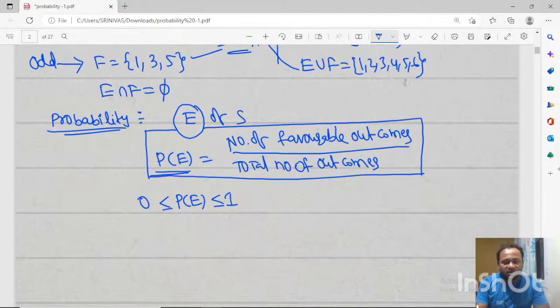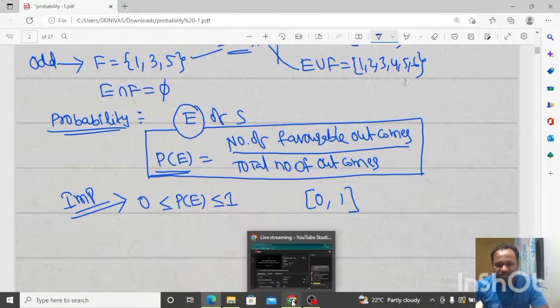It should not be less than 0, it should not be greater than 1. This is the most important condition.